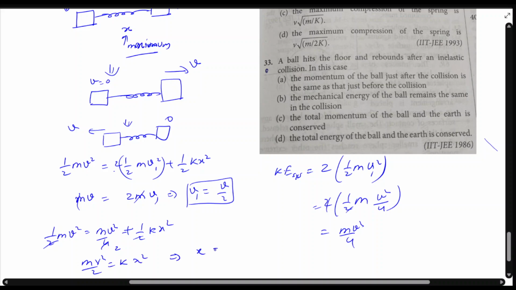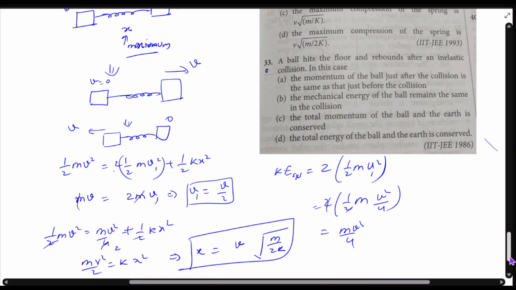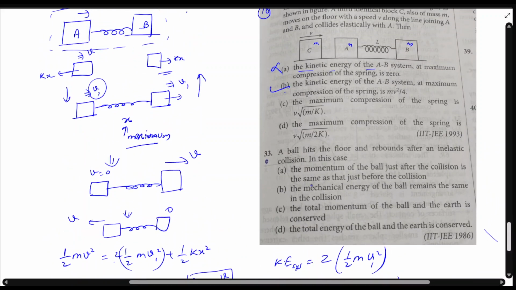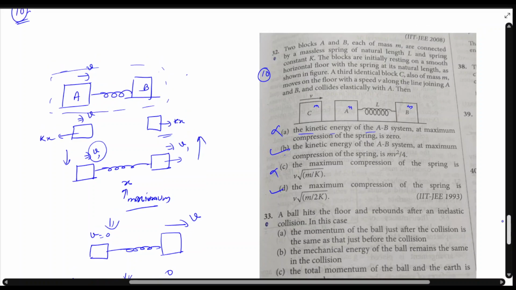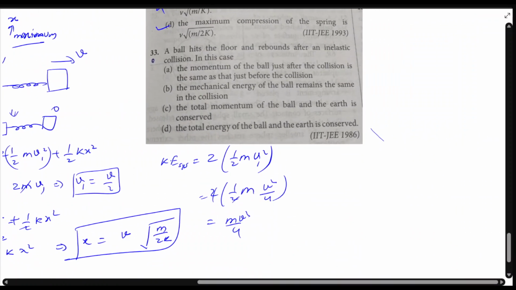So we'll get x as v root m by 2k. This will be the maximum compression. So C is wrong, D is correct. Okay, so B and D are the options. Let's move on to C and D, shall we?